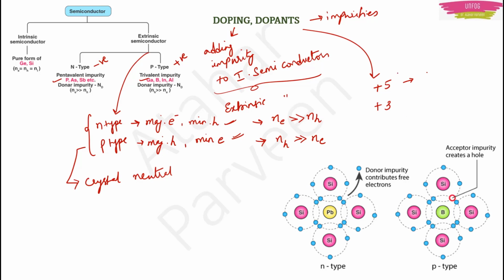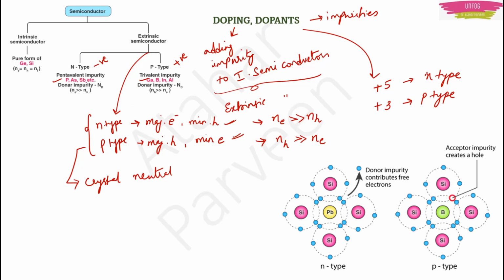Now we said that the impurities are pentavalent and trivalent, right? Now these pentavalent, or valency 5, elements are used as dopants only in N-type. In N-type semiconductors, pentavalent dopants are used, and in P-type semiconductors, trivalent dopants are used.